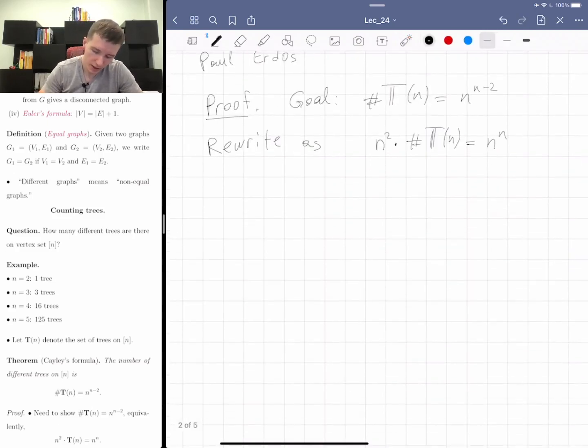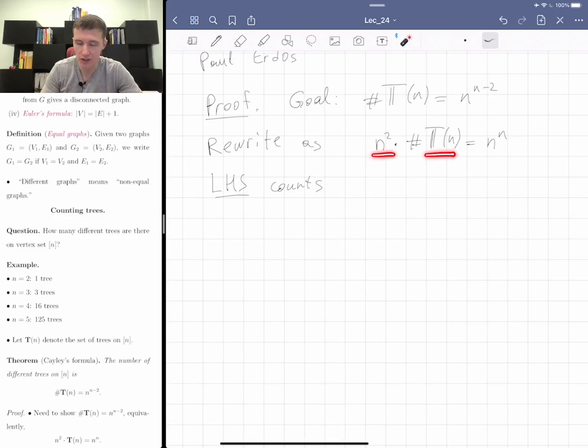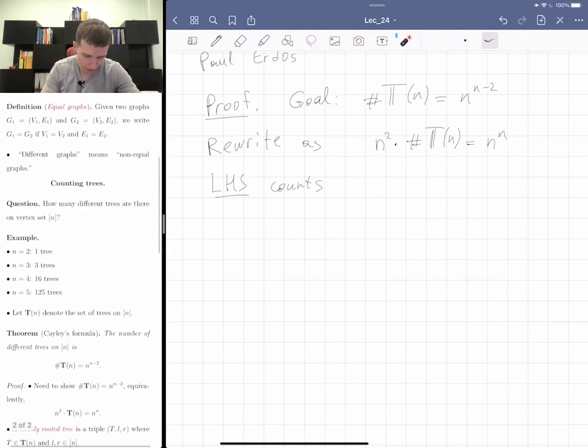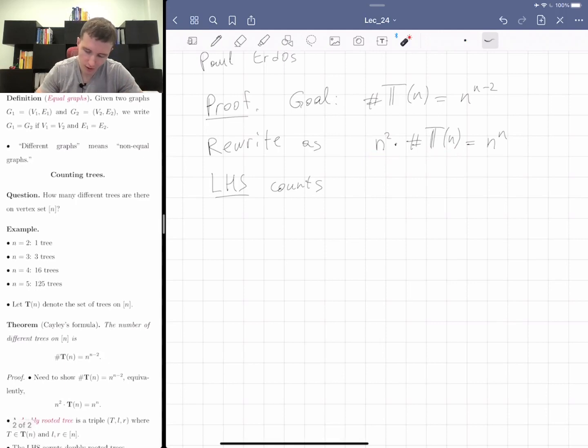So the left-hand side counts what? You choose a tree and then a pair of vertices. Let me call that doubly rooted trees.